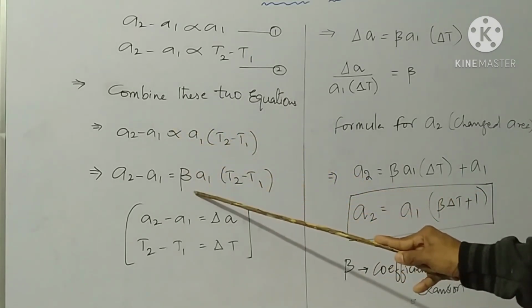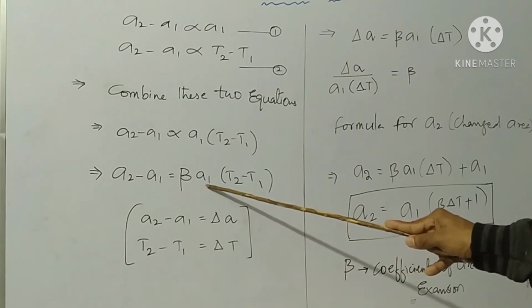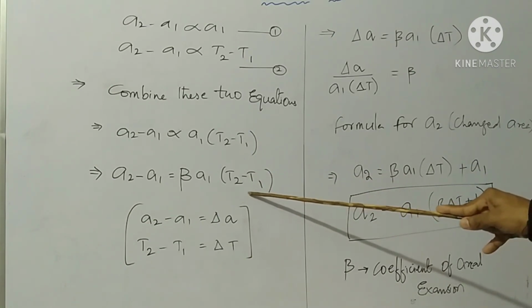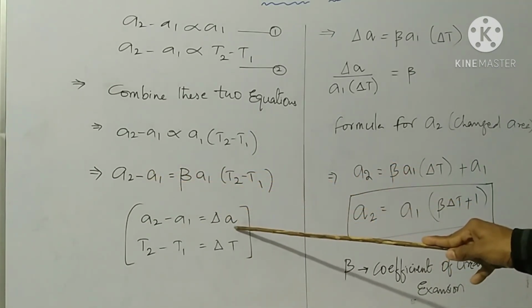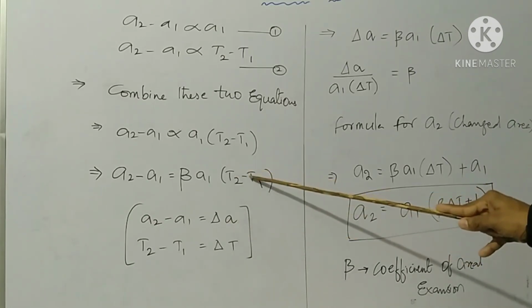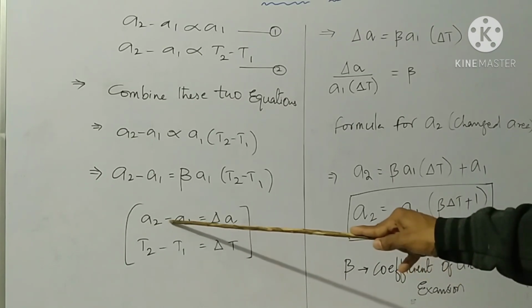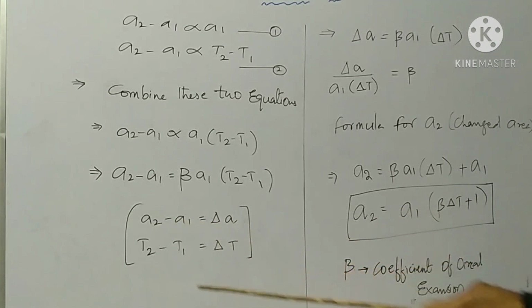By using this constant, we get the equation A2 minus A1 is equal to beta into A1 into the change in temperature. Here the change in area is delta A, and the change in temperature is delta T.